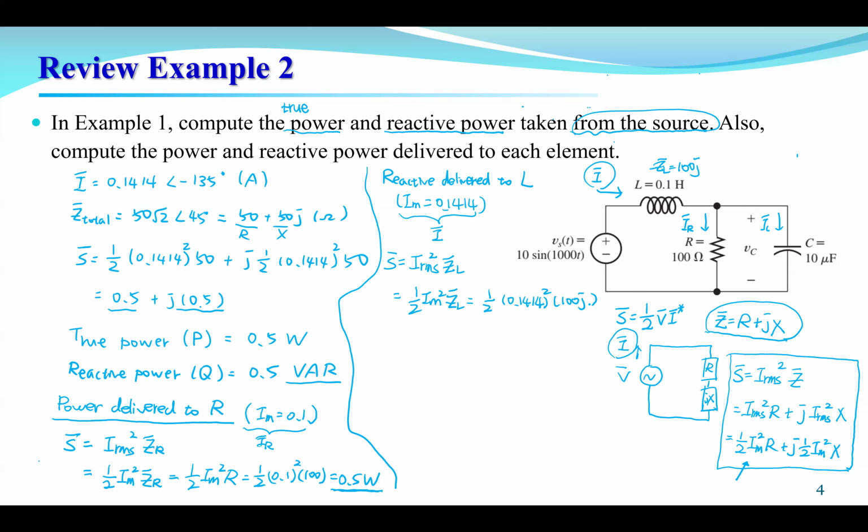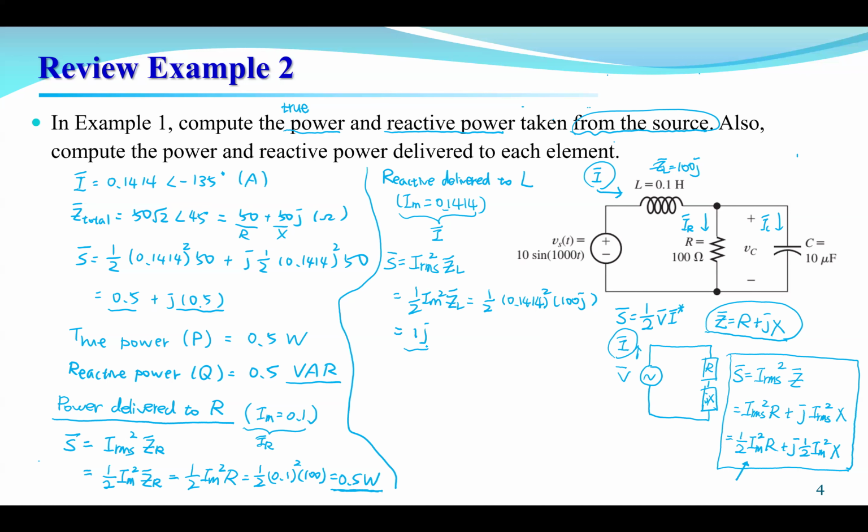So the answer is 1, if I'm right. Let me double check. Yeah, the answer should be 1j, so it just has an imaginary part.